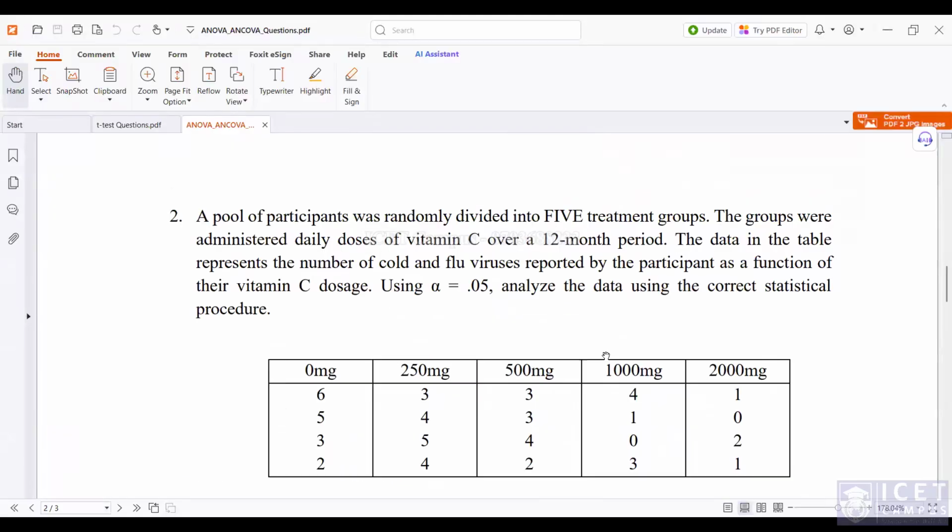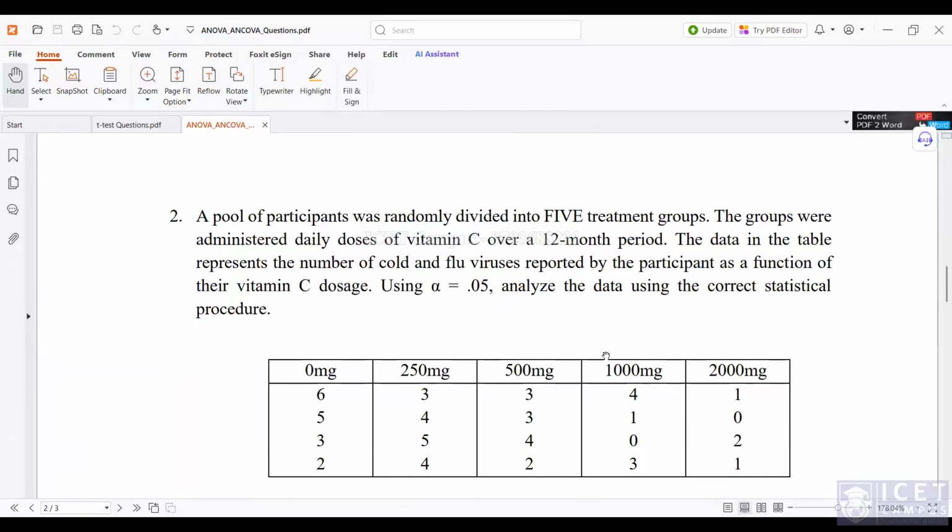Next question. Second, a pool of participants was randomly divided into five treatment groups. The groups were administered daily dosage of vitamin C. The data in the table represent the number of colds and flu reported by the participants.